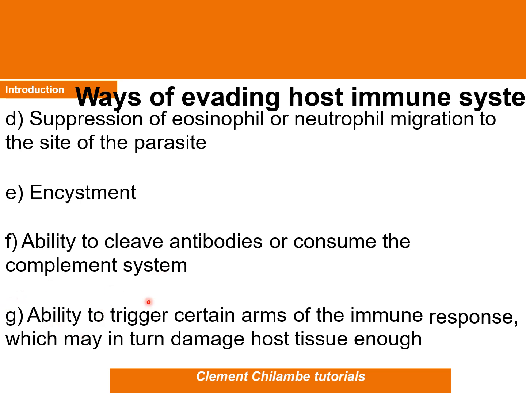Then, G, the ability to trigger certain arms of the immune response, which may in turn damage host tissue. Yes, you find that this will seem like an autoimmune thing, where the immune response has been convinced because some of its arms have been triggered, and they will turn against their own tissue at some point.